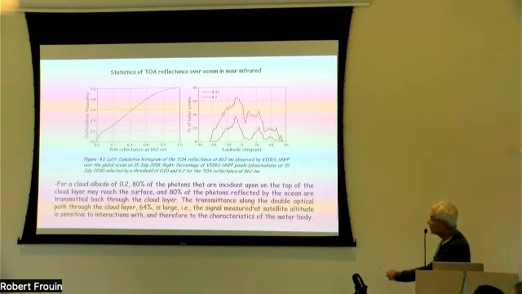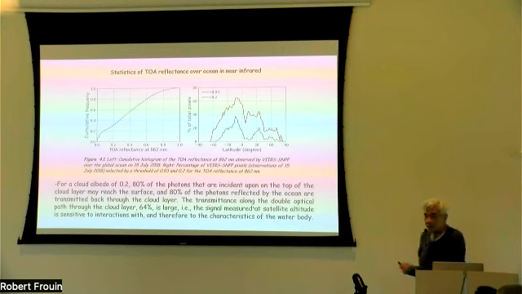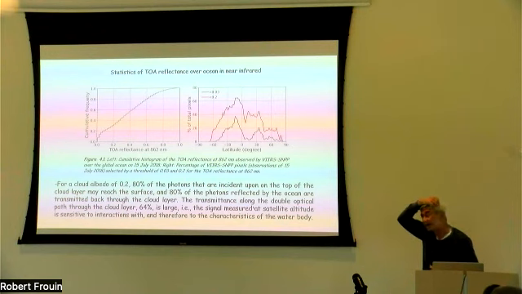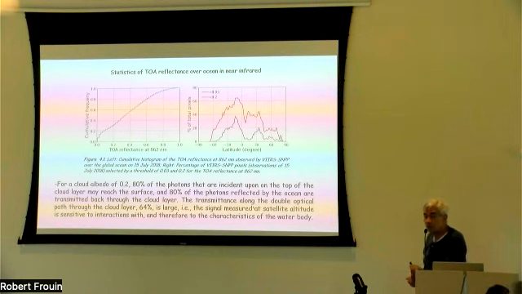And this is quite large. That means that the signal measured at satellite altitude should be sensitive to interactions, and therefore to the characteristics of the water body. What I'm saying here is that the problem is not completely lost when you have a cloud of this albedo. You still have photons that have reached the surface, interacted with the water body, and came back through the clouds to space. So you have information about the water body, right?